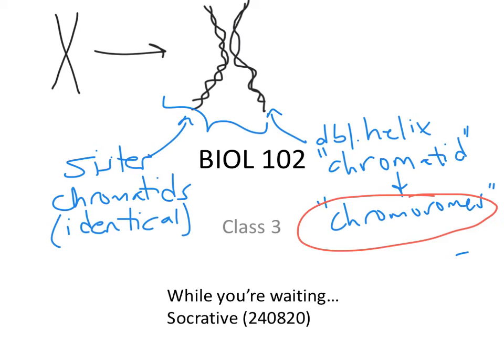Right, so colored body. The chromosome was first called that when microscopists first started looking at nuclei in microscopes, and they saw things that took up certain types of chemical stains. They called them colored bodies, chromosomes. And what they were looking at was this combination of DNA and proteins that make up our chromosomes.